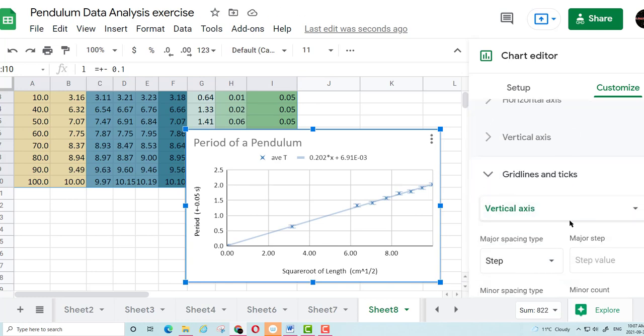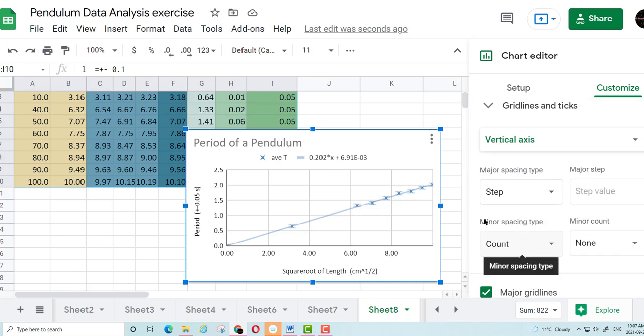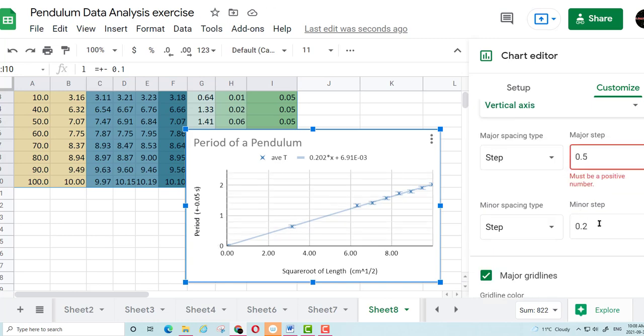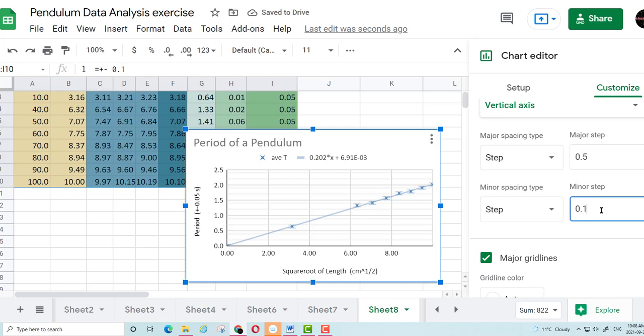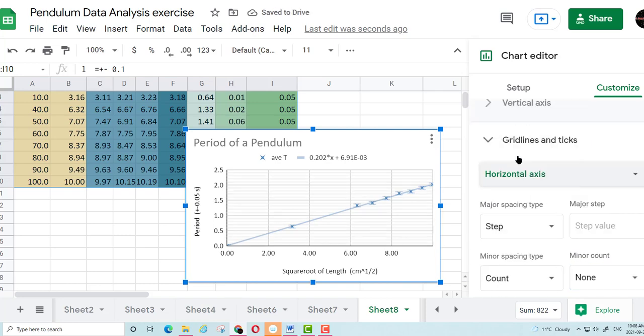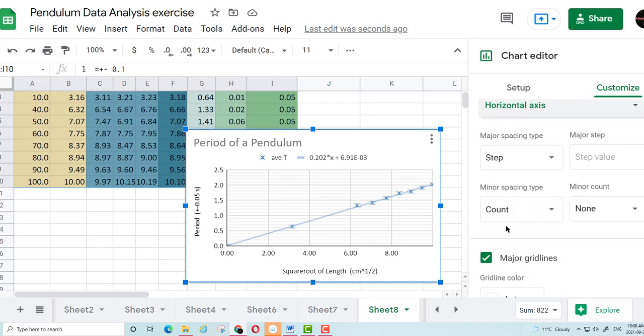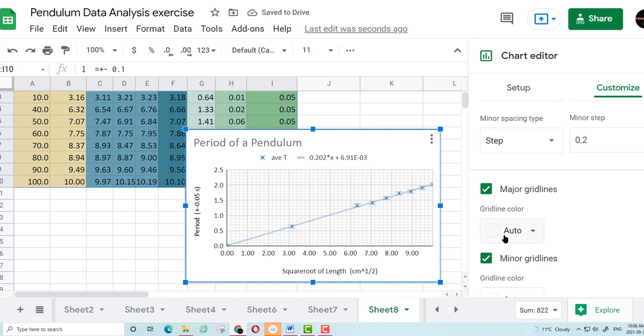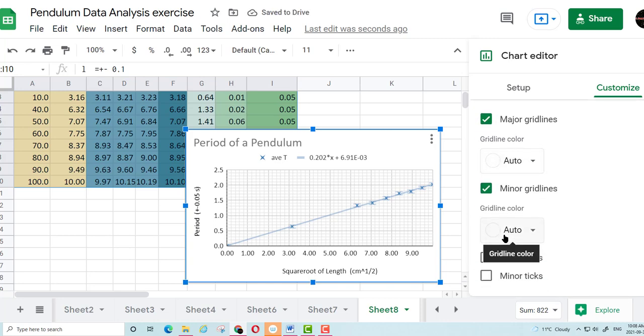And my grid lines, I'm going to step by 0.1 on the vertical axis. That looks better. And on the horizontal axis, I'd like to go up by 1 each time, and I'll step up by 0.2, and that'll look a little bit better.